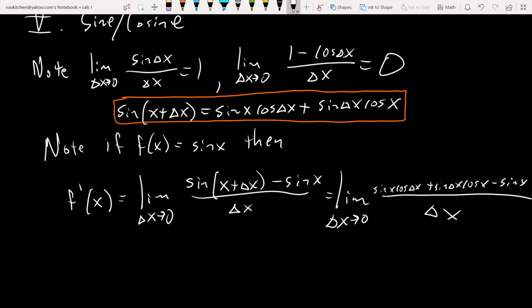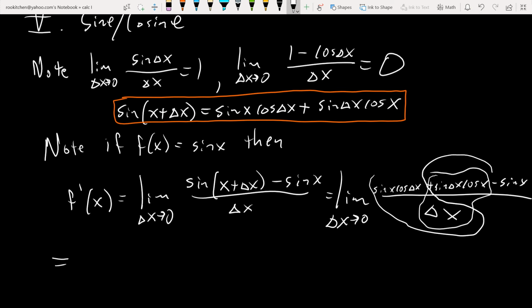And now I want to rewrite it to take advantage of the two limits that I had memorized. So I gotta be kind of careful about how I pull this off. I think if I take this part and then this part, I should be good.